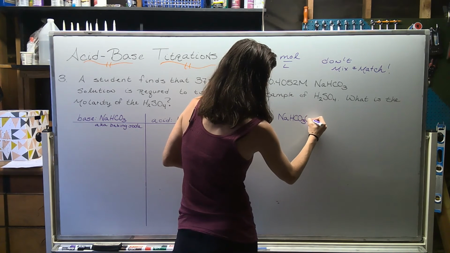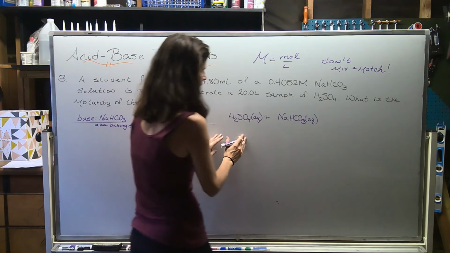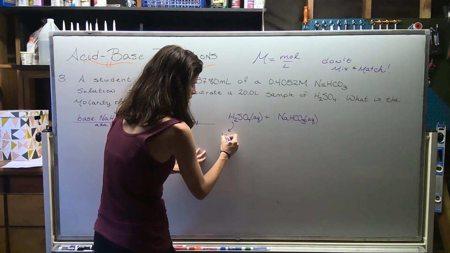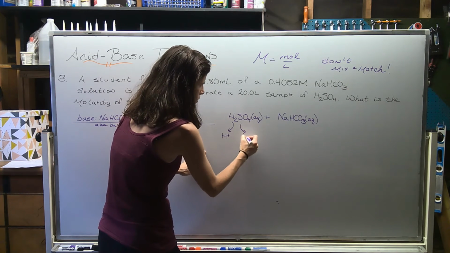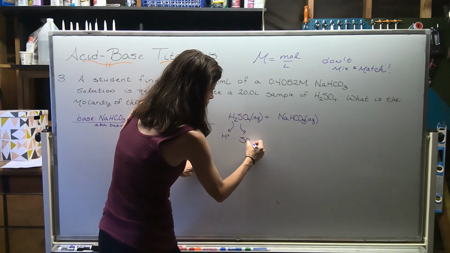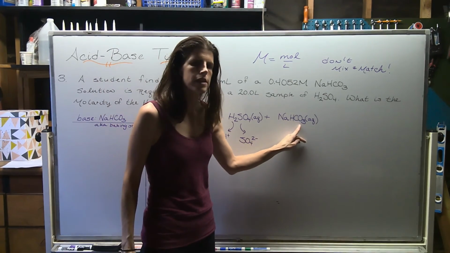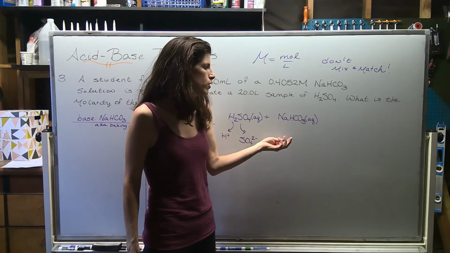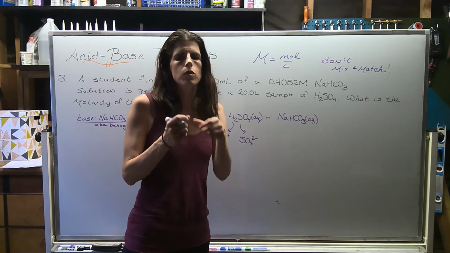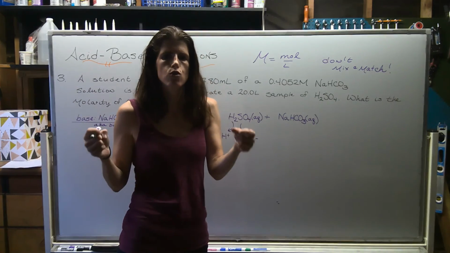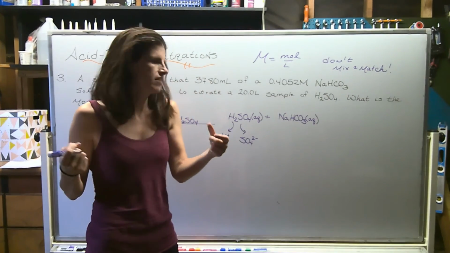We need to predict the products of this reaction. So as I always do, I'm going to split this into ions. So I'm going to do H+ over here and SO4 2- over here. I know carbonate is an ion on its own, but we have to be really careful. Typically, you only want to split up our compounds into two distinct ions.